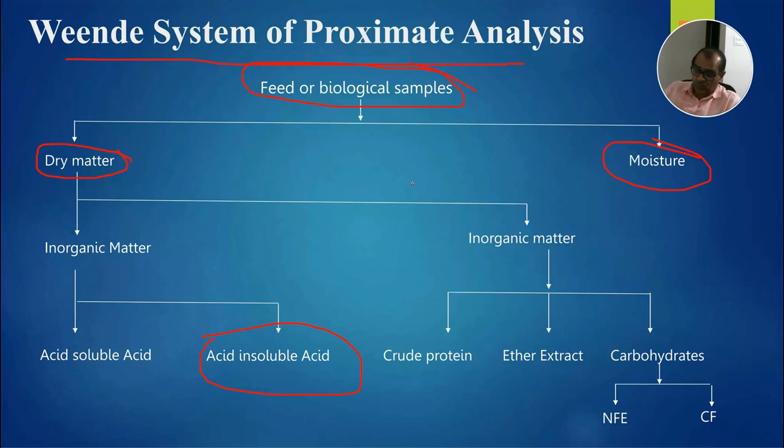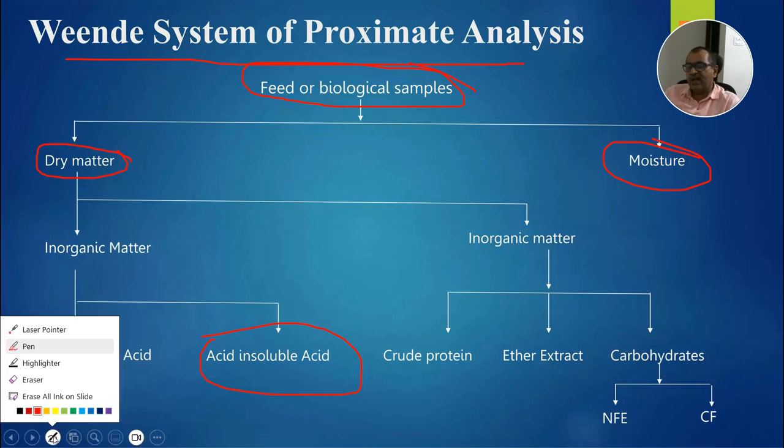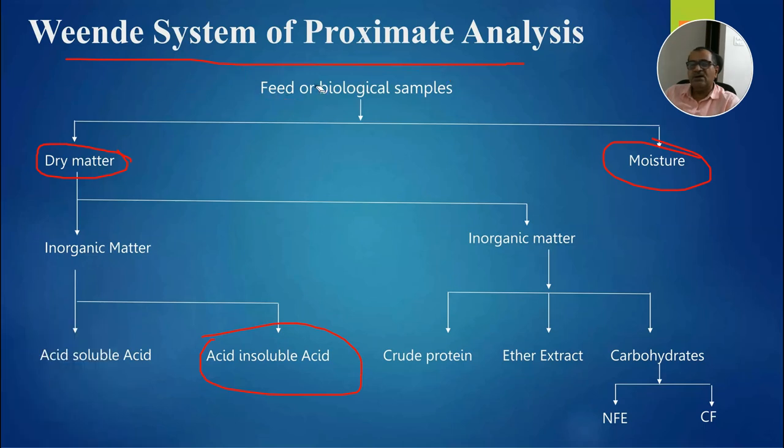So once again, here we can see that the feed sample, whenever it is subjected, is always estimated for two things: one is the dry matter, then moisture. The dry matter is further subjected to many procedures, giving inorganic matter and organic matter.